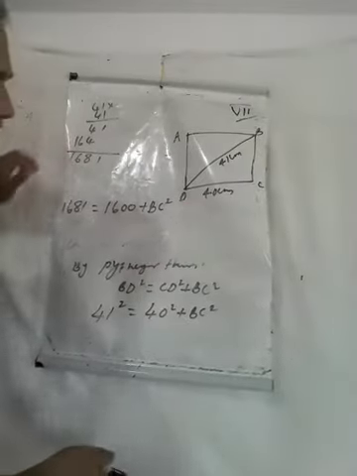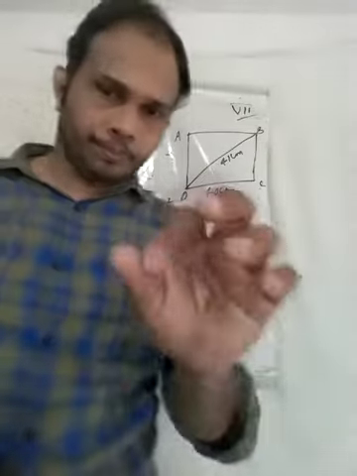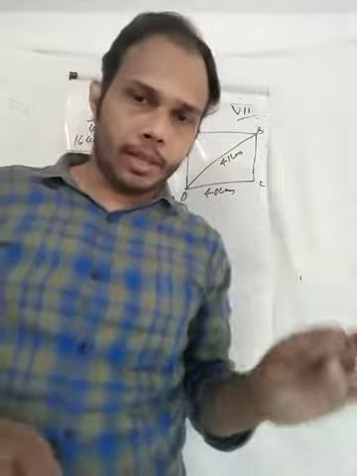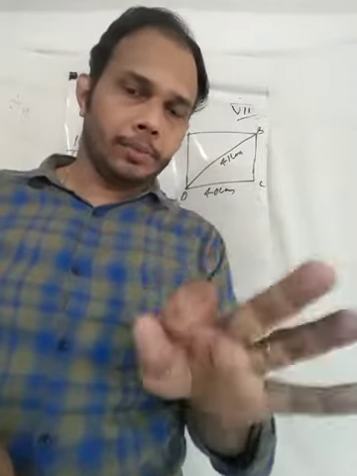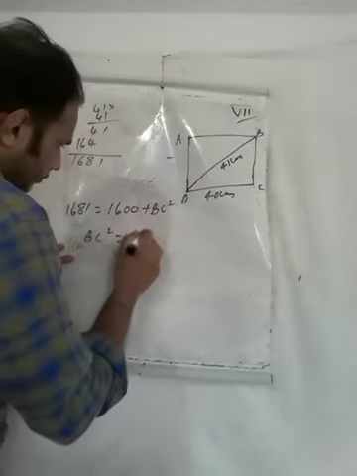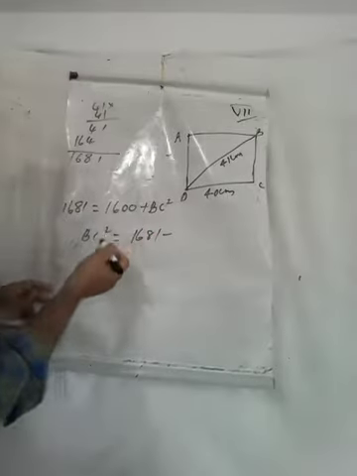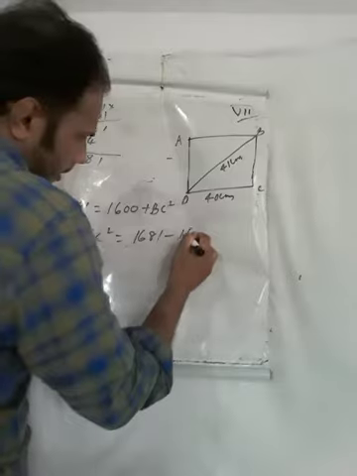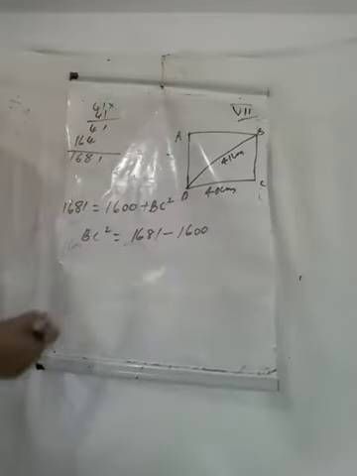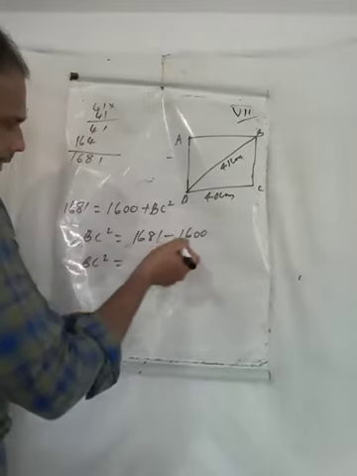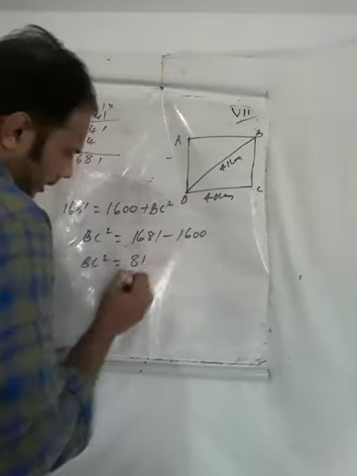Length is already given, so we need to calculate the breadth because we need to find the perimeter. BC square equal to 1681 minus 1600, so BC square equal to 81.